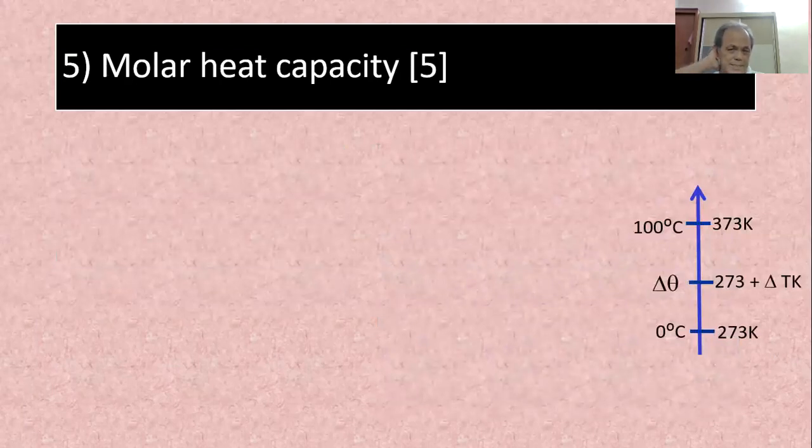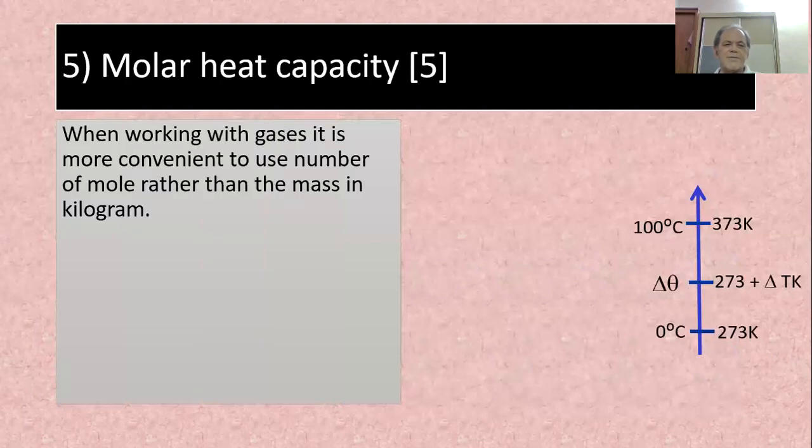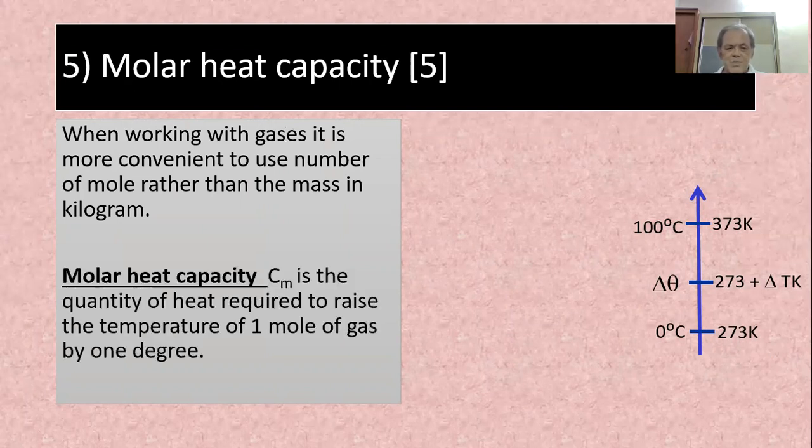Okay, molar heat capacity. That's your number 5. When working with gases, it's more convenient to use the number of moles rather than the mass in kilograms. So we define molar heat capacity, capital CM, as the quantity of heat required to raise the temperature of 1 mole of gas by 1 degree.